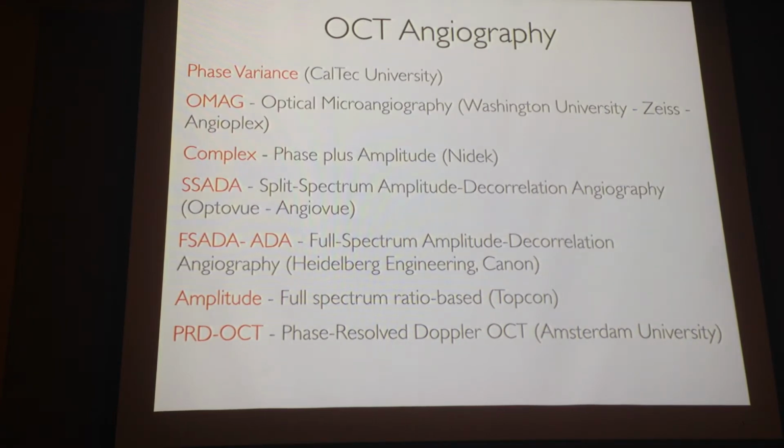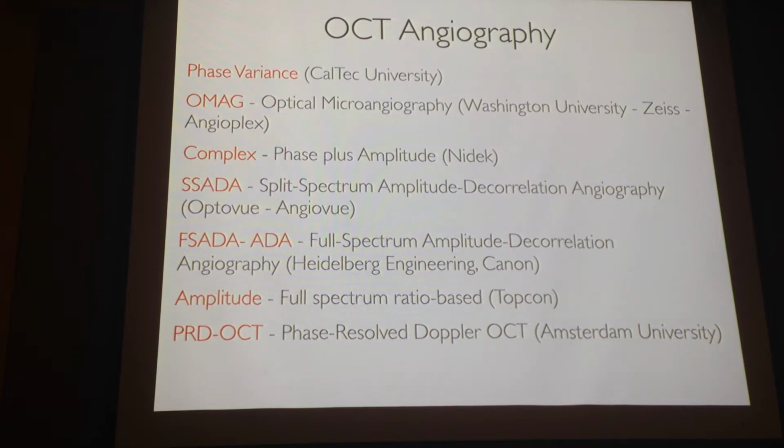Then Ricky Wang at Washington University took the amplitude and the phase, and they created the optical microangiography, the technology that is used by Zeiss for the Angioplex. The same thing, phase and amplitude, is used by Nidek, and they call it complex.